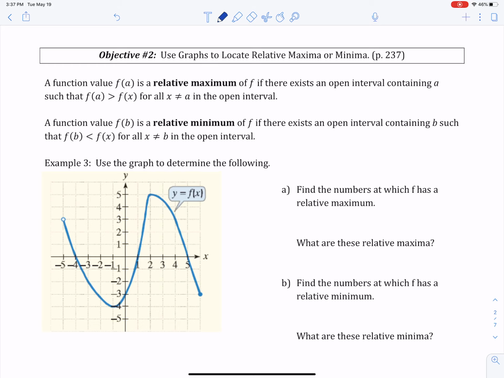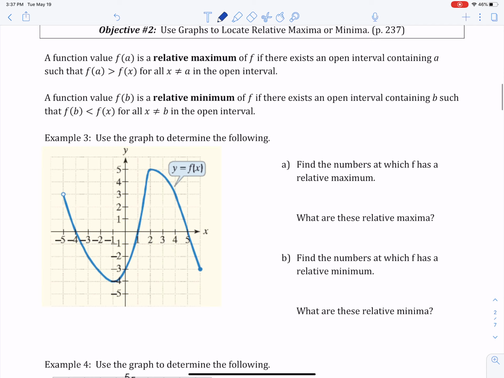So again, probably it's handy to just write the points: -5, 3, then -1, -4, and then put it in the right place. Then 2, 5, and then 6, 3, -3.